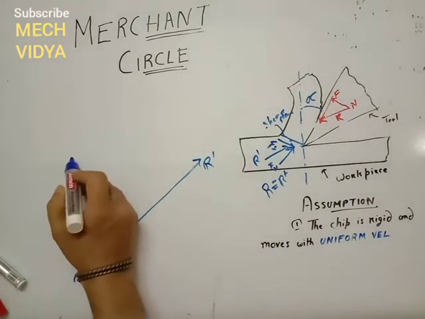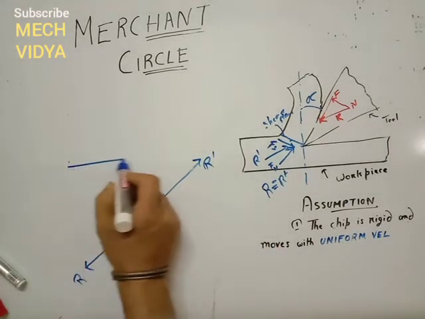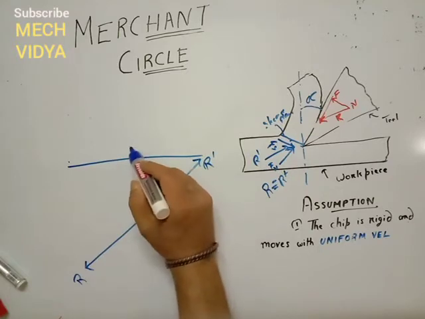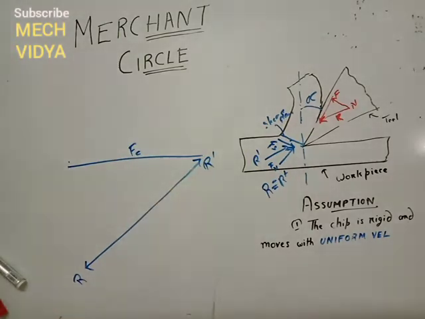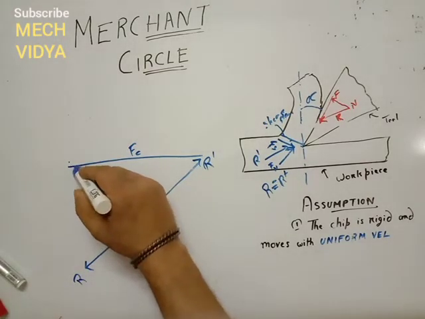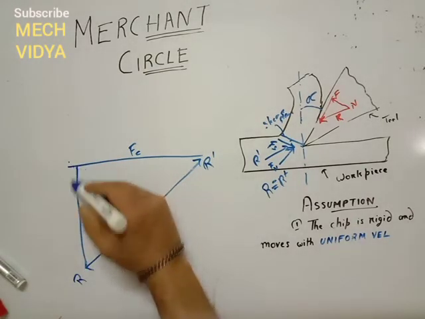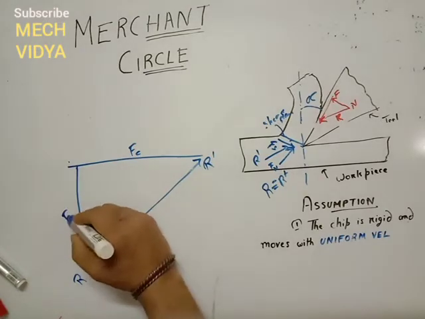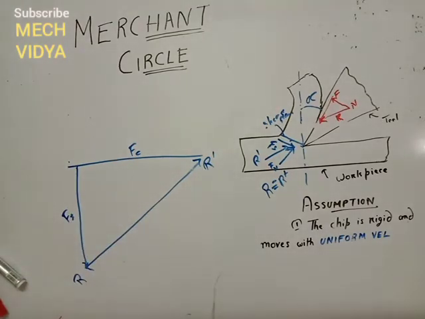The horizontal component will give us the cutting force, the direction of the cutting force. And the vertical component, if I draw it like this, will give me the thrust force acting on the tool. Okay, so up to here it is clear.